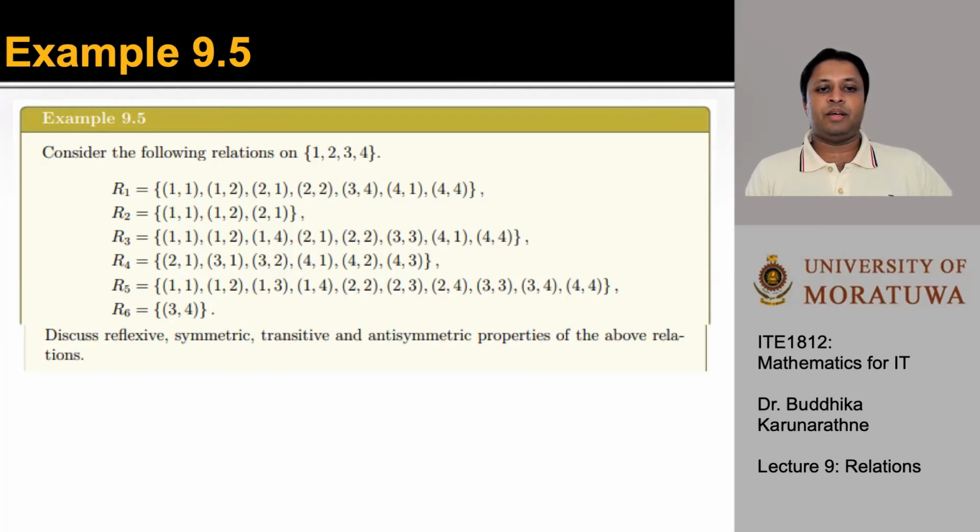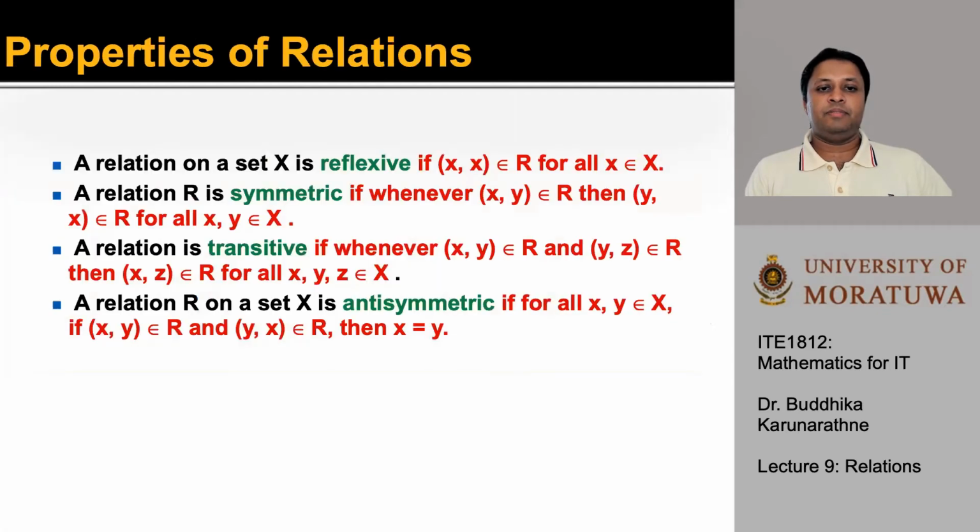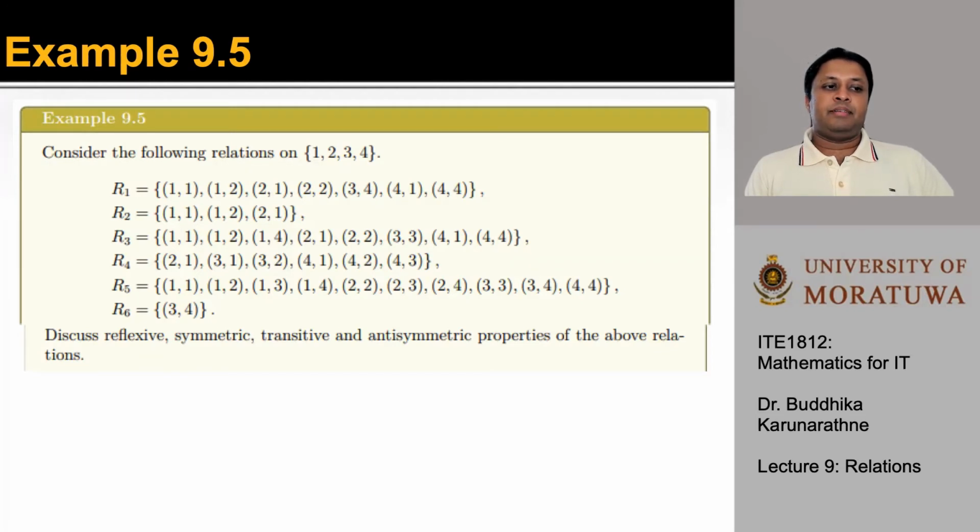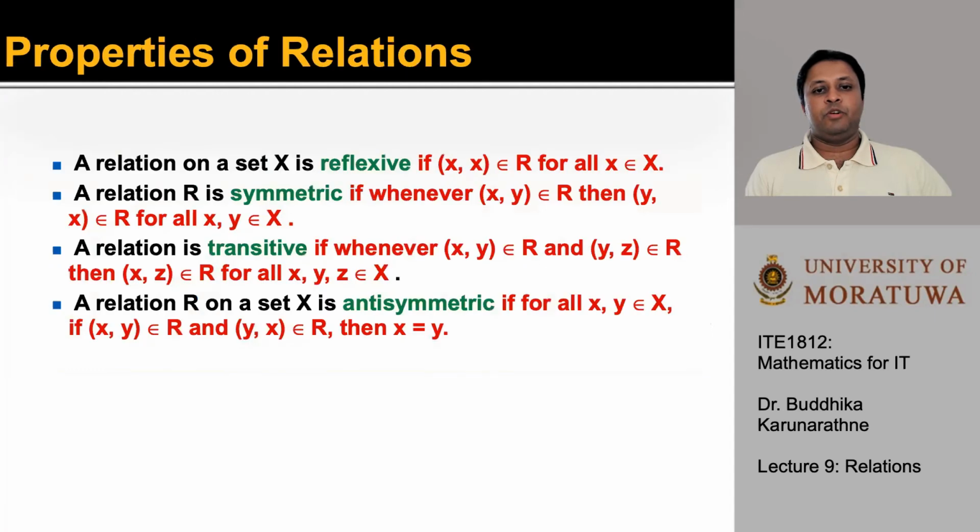The next one is transitive. Transitive is if whenever (x, y) is in R and (y, z) is in R, then (x, z) should also be in R for all x, y, z. If you take a look at this example, R4, R5, and R6 satisfy the condition to be a transitive relation. We go back for the last one, which is antisymmetric.